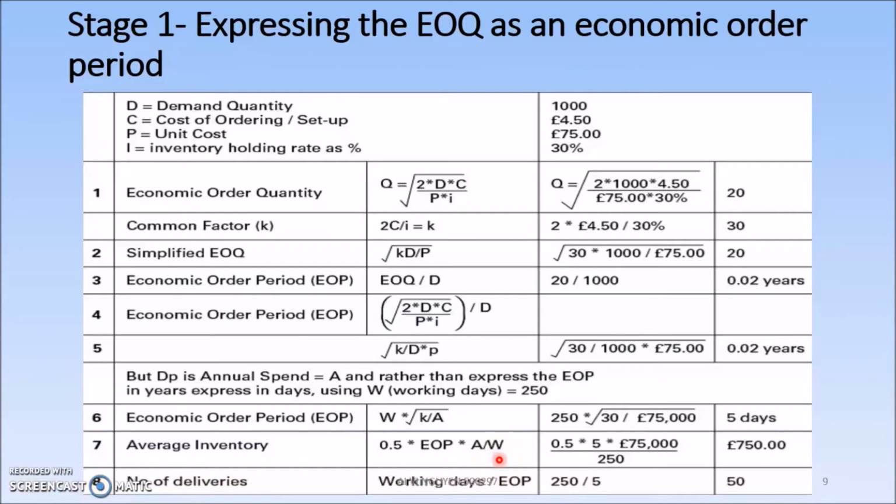And then we can come up with the number of deliveries or orders, by dividing working days by the economic order period. So if the economic order period is 5 days, every 5 days we will order, then in a year we will order 50 times. Now I will show you how to do it in Excel.